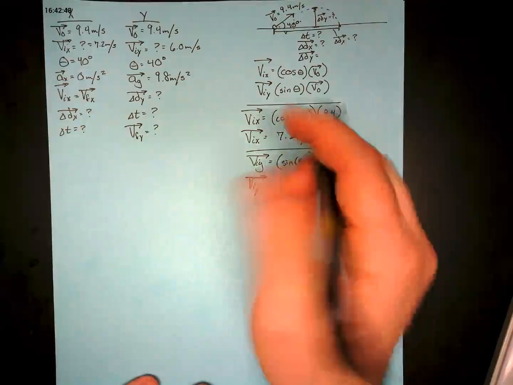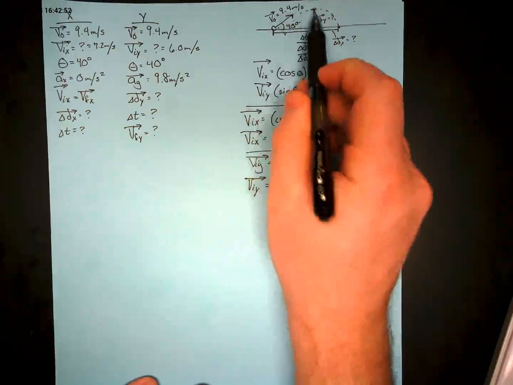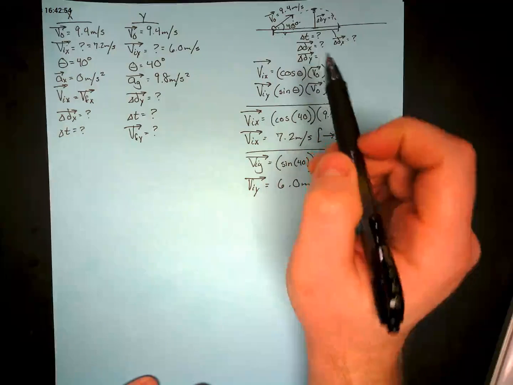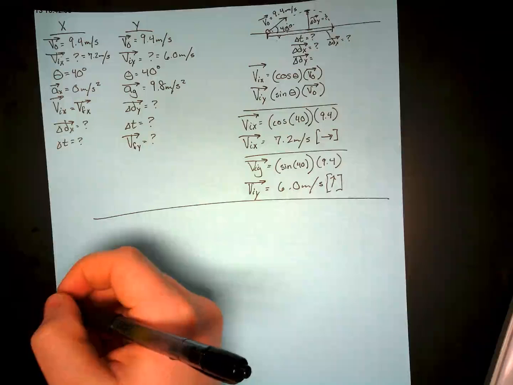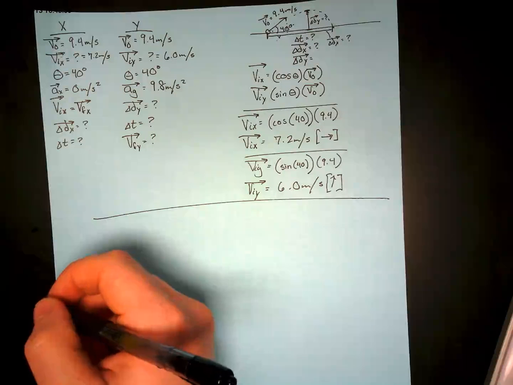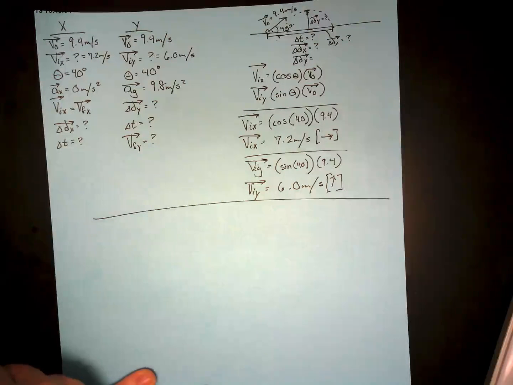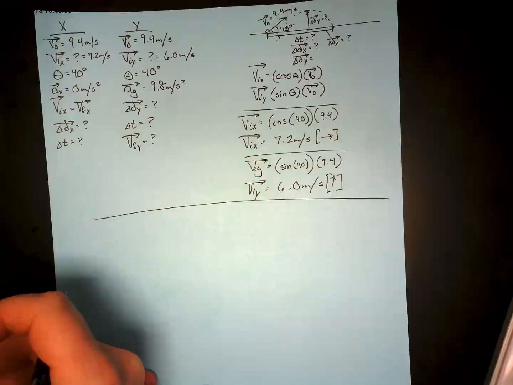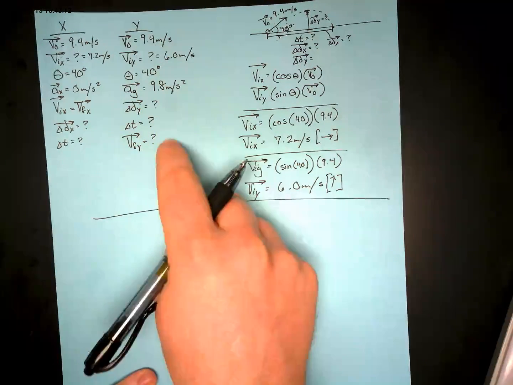So let's solve for the first time interval. We're going to solve from the time it's kicked to the time that it reaches its maximum height. Using our variables up here, we can figure out which one would be best to use.